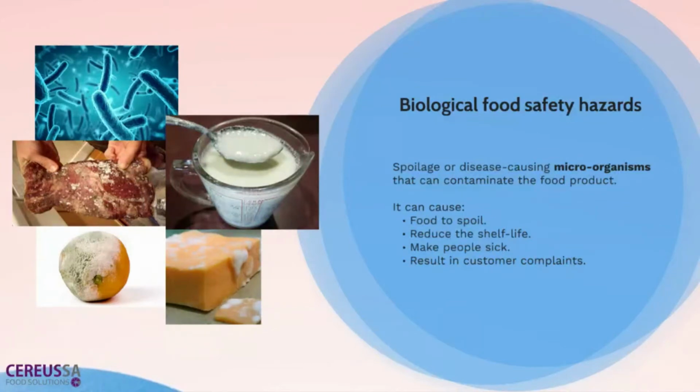Think of that moldy piece of cheese that you can't eat, or that moldy fruit that you have to throw away. The same with bad smelling milk that has gone off. All of these are examples of where microorganisms have actually spoiled the product. And these are called biological food safety hazards.